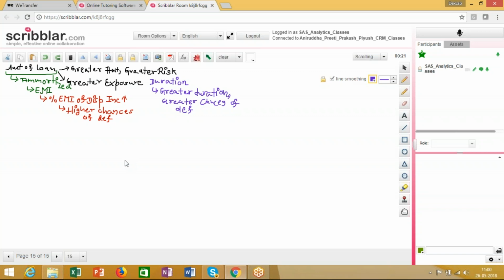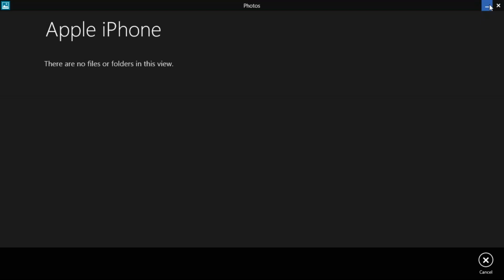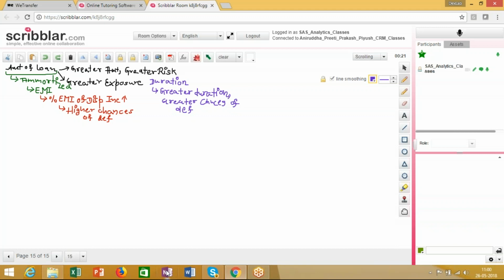Why? Because the greater the horizon over which the loan is being paid, the more the chances of the financial status to adjust, and hence greater would be the chances of the borrower to default, right? So these are the sources of riskiness which arise for a personal loan.